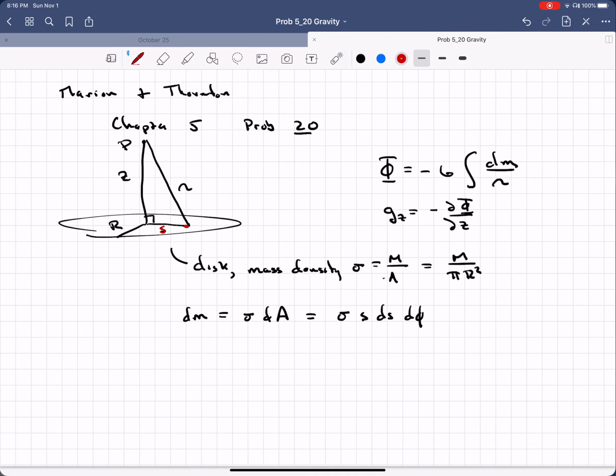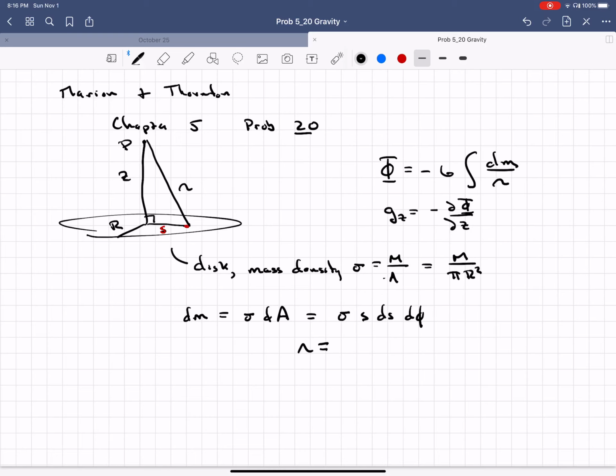And then our separation vector, its magnitude, is going to be the square root of z squared plus s squared, and we're going to use that over here. And then for dm, we will have this expression.